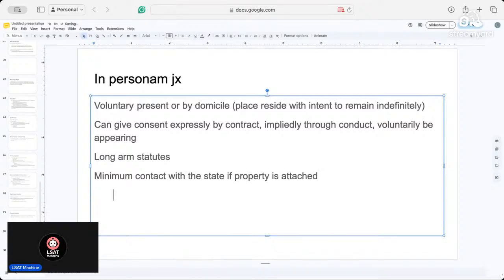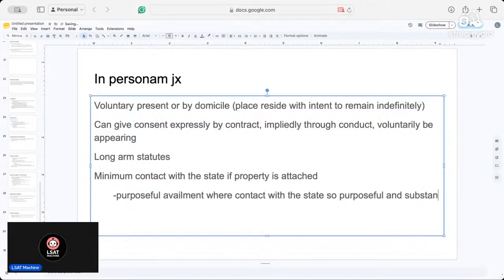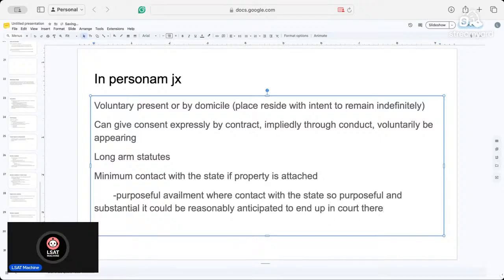That happens through purposeful availment, where contact with the state is so purposeful and substantial that the defendant should reasonably anticipate being in court there. Okay. This is ringing some bells.